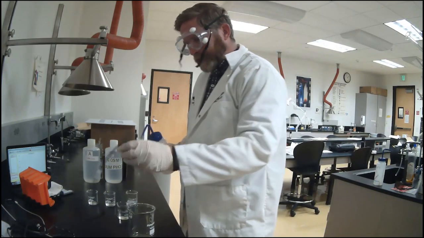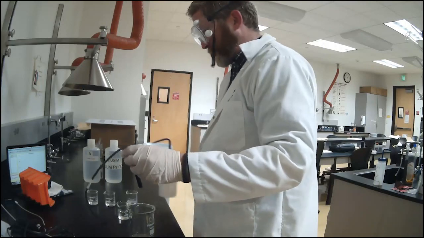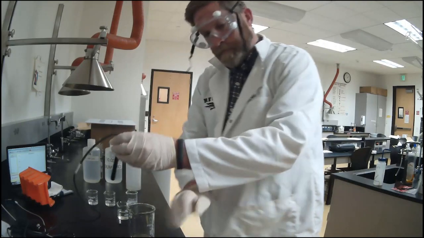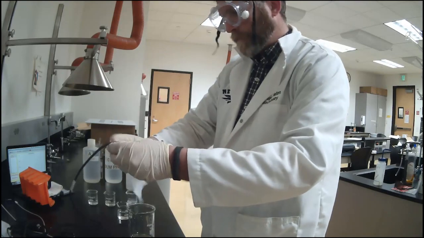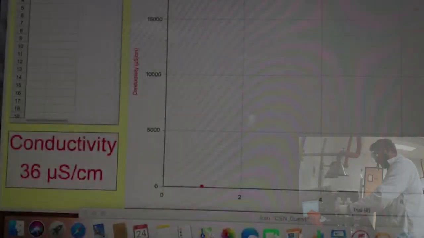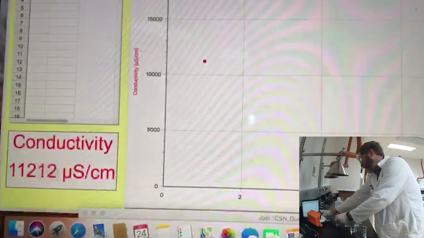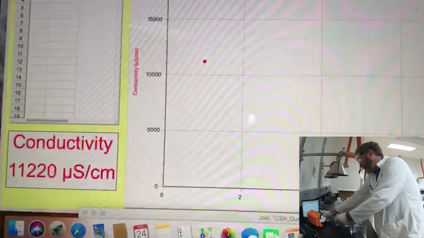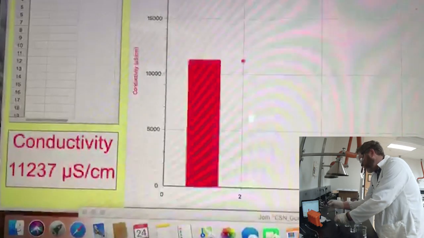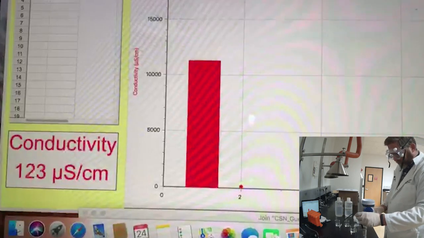Just for consistent practices, we're going to rinse this and then take our first reading by putting it into our first solution here. Okay, so that's our calcium chloride solution.